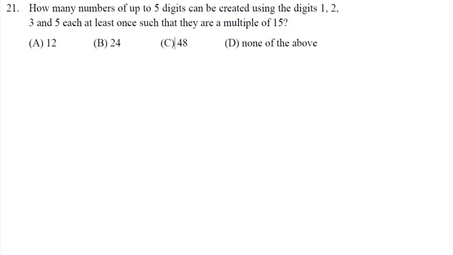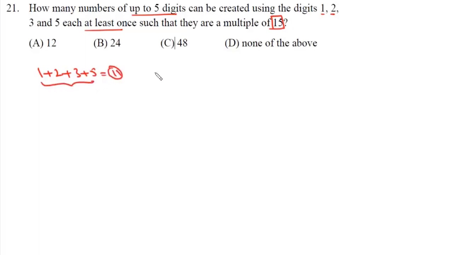Now question number 21 is, how many numbers of up to 5 digits can be created using the digits 1, 2, 3 and 5, each at least once, such that they are a multiple of 15. Now if they are a multiple of 15, they have to be divisible by 3 as well as by 5. Now if we look at these 4 numbers 1, 2, 3 and 5, and since each of them is present at least once, their sum is 11.